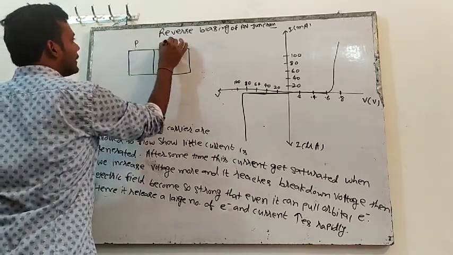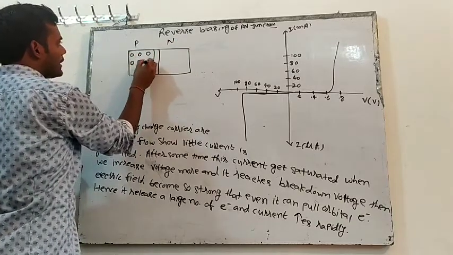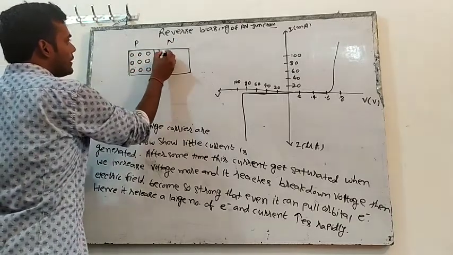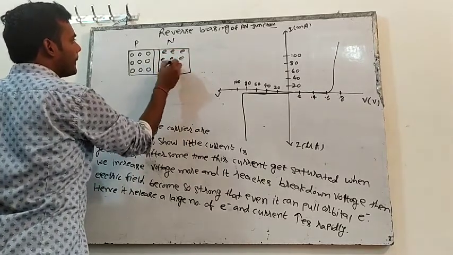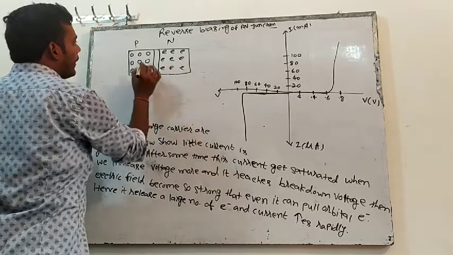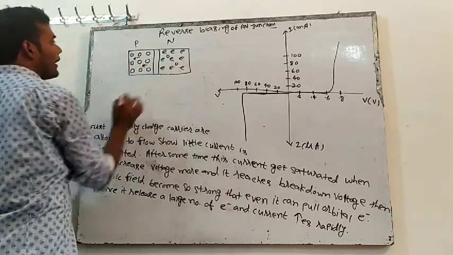This is P, this is N. In P, hole will be the majority. Now you are all experts in this. In N, electron will be the majority. Here electron will be the minority charge carrier and here hole will be the minority charge carrier.